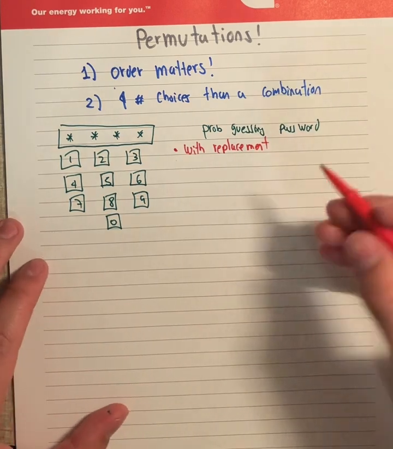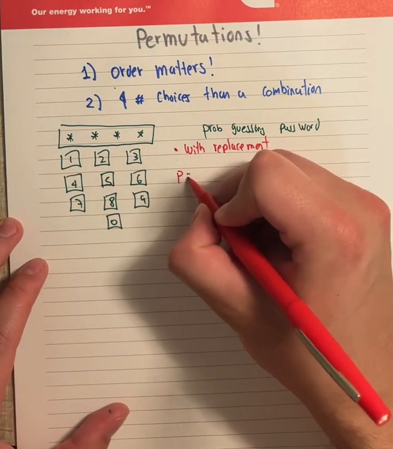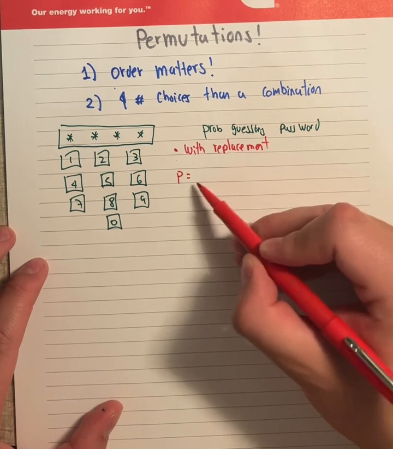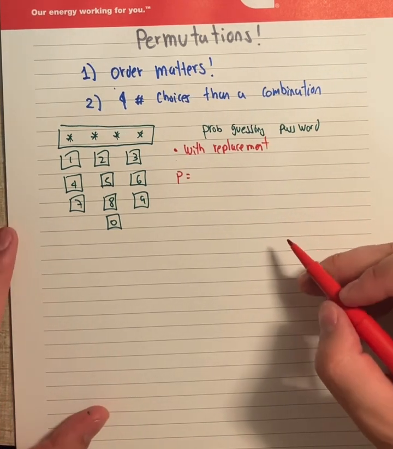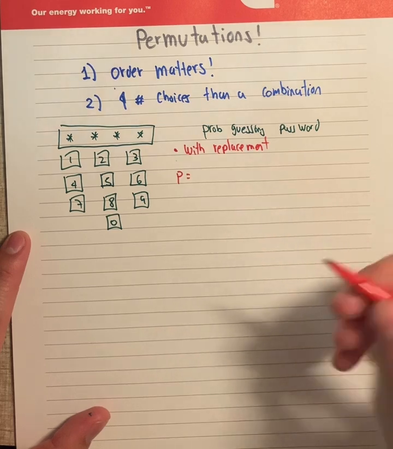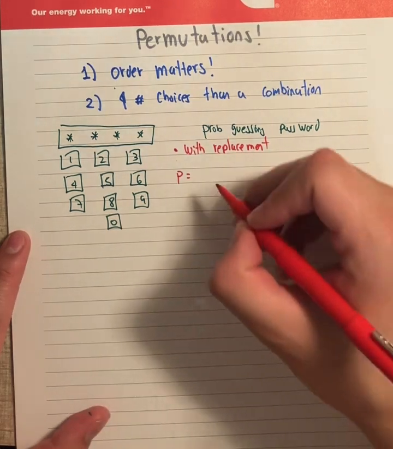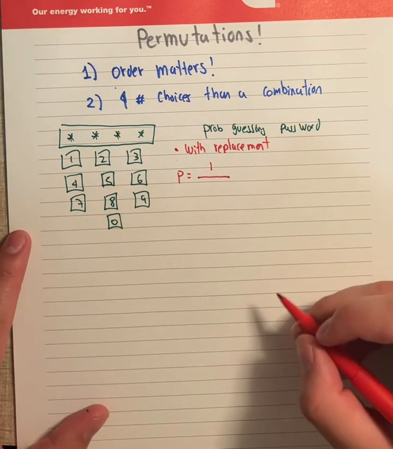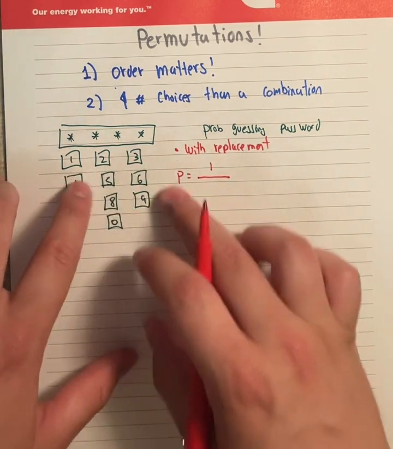So in probability, remember that you're comparing what you want over the total number of options that are there, right? In this case, you know that there is only one good password over the total number of permutations, or the total number of different choices you can arrange here.